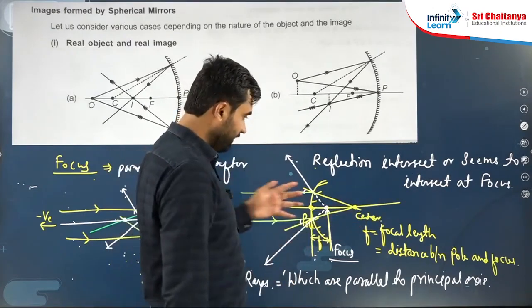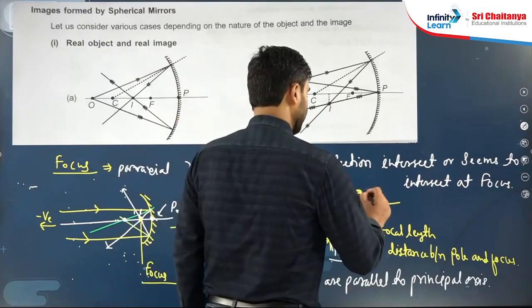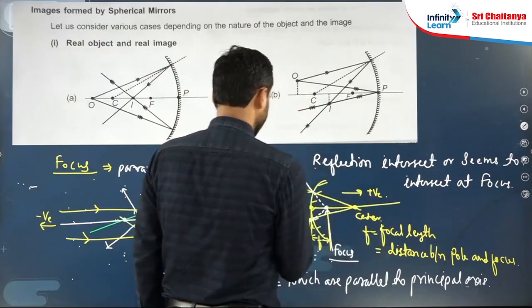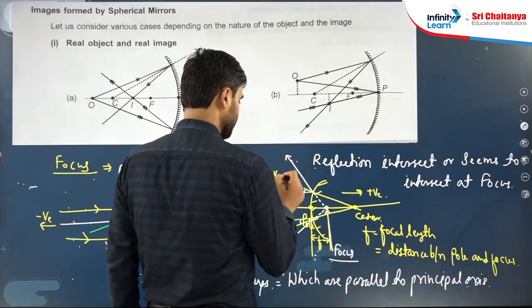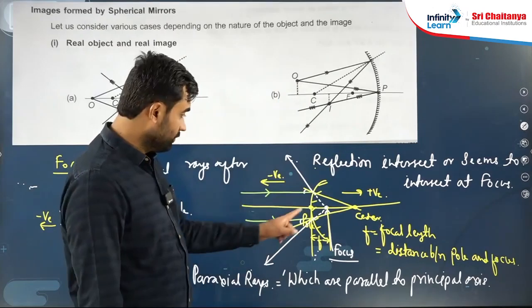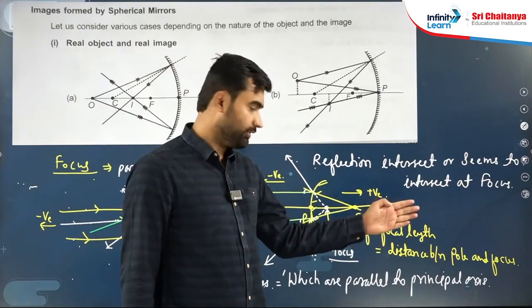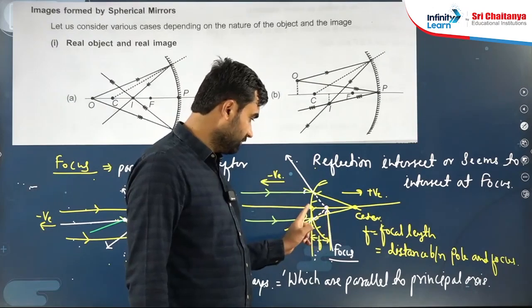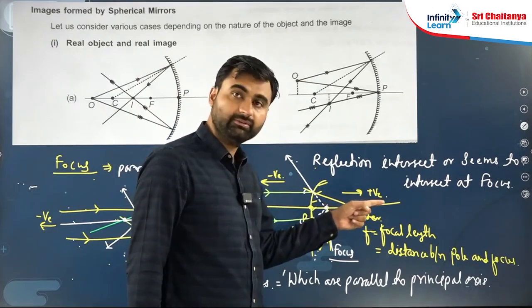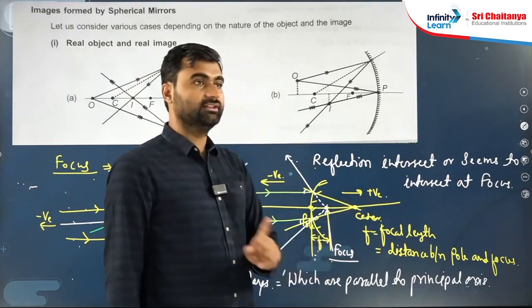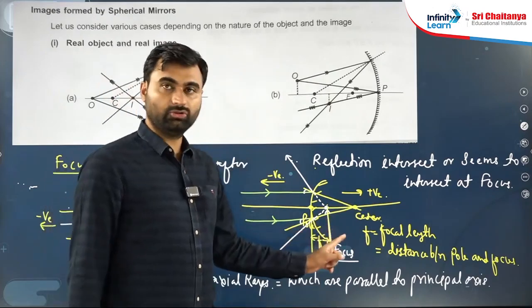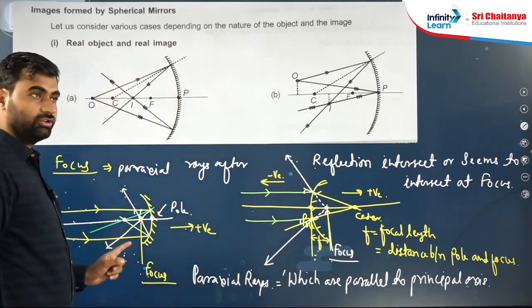Because rays are incident like this. So this direction is positive and this direction is negative, right? So pole to focus, this direction is positive. So focal length is positive for convex. Is it clear? So positive for convex and negative for concave.